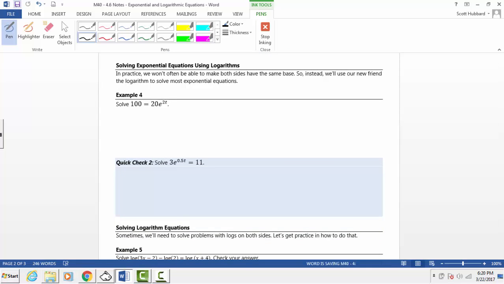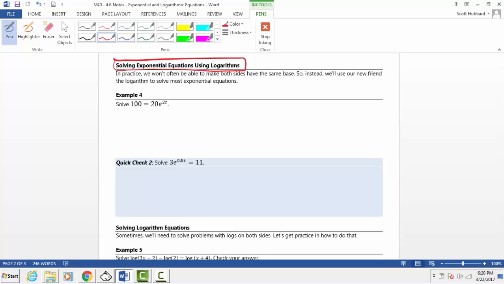Okay, so let's go ahead and finish up. We're going to transition now to talk about logarithms. So we're going to use a logarithm whenever we want to solve an exponential equation that doesn't have like bases. In practice, we don't really use like bases a whole lot, but it is good to get practice with the exponent rules.